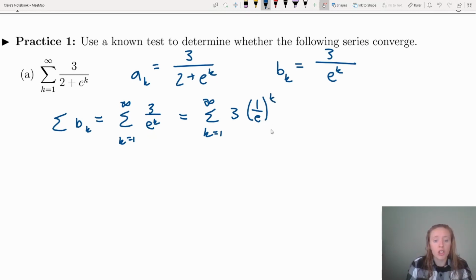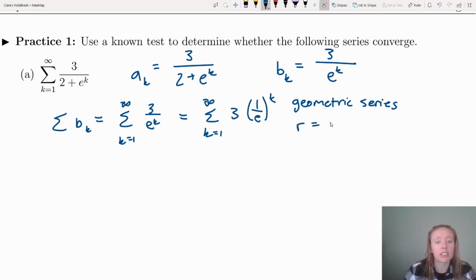And from here, you should recognize what kind of series this is. If not, we should go back and review some of our geometric series, because this is a geometric series, and geometric series are in the form of a r to the k. So our r value for this geometric series is 1 over e. And I know for geometric series, if my r value is between -1 and 1, I'm going to converge.